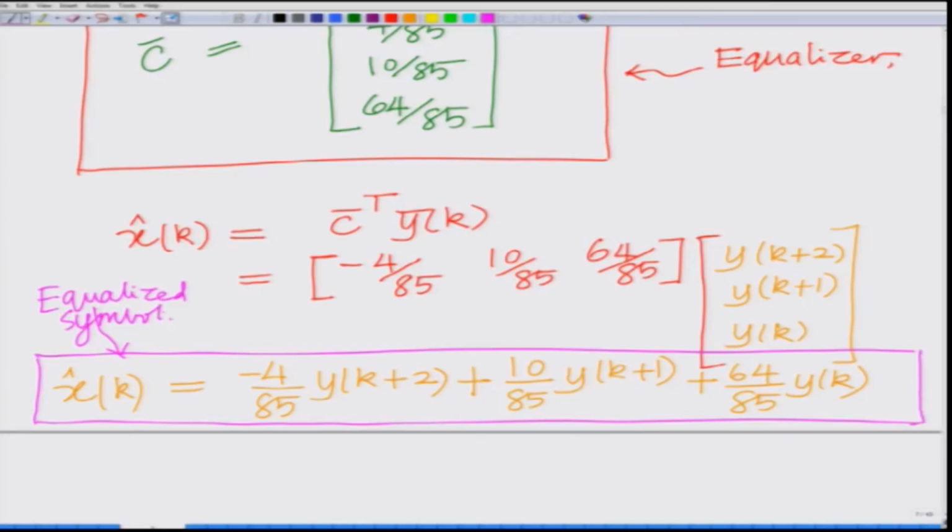What the equalizer is doing is performing a linear combination of the symbols y k plus 1, y k plus 2 to eliminate the intersymbol interference from x k.